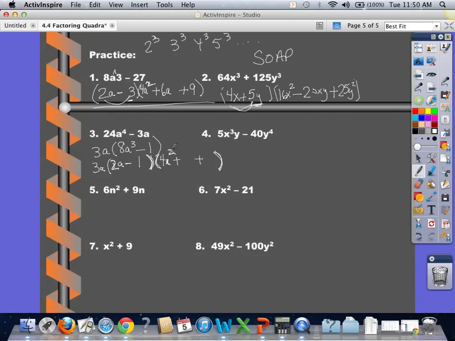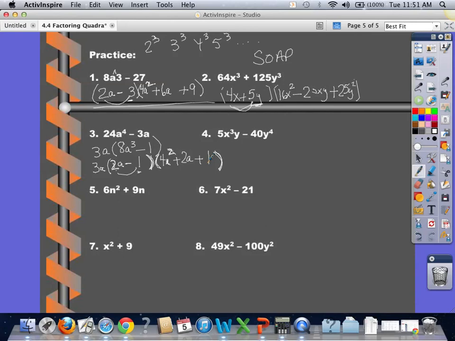And then multiply these two together, which makes negative 2a. Excuse me, positive 2a, because the sign has to be opposite. And then square the back end, which is going to be 1. So that one is done.